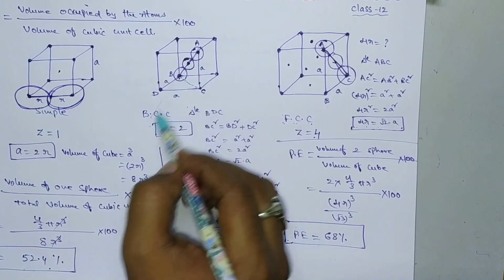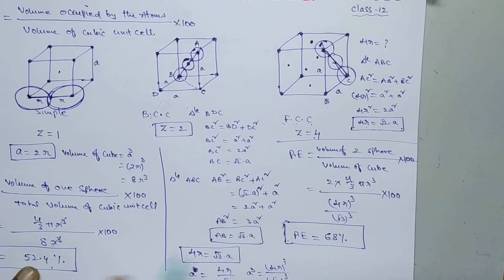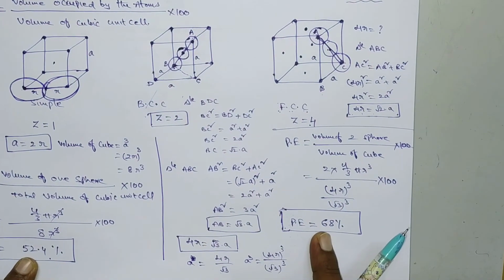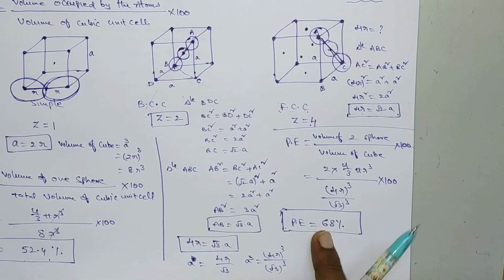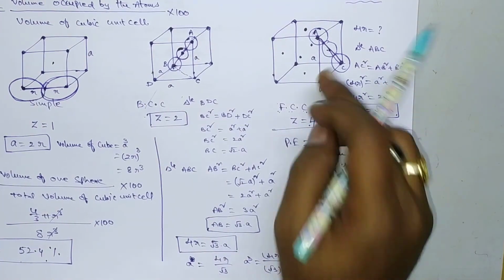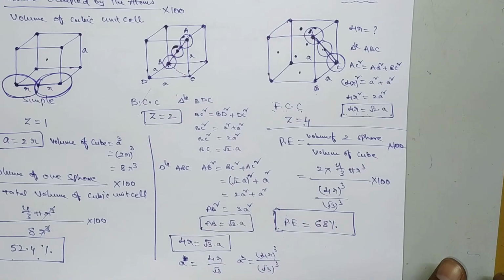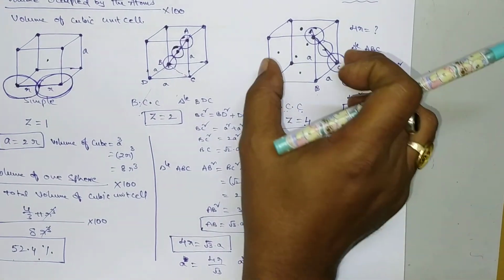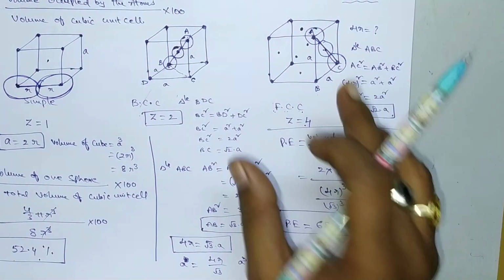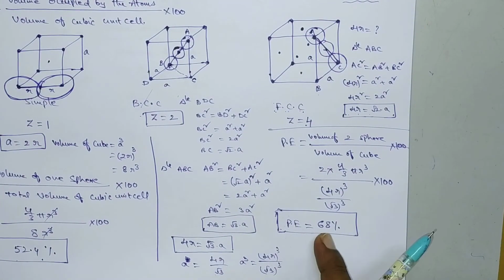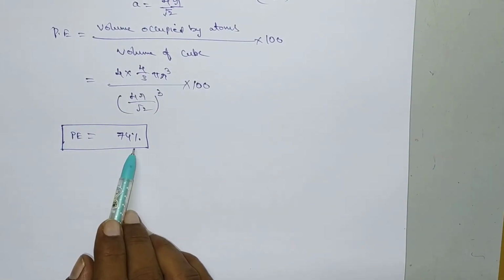So the packing efficiency increases somewhat, to 68. But in face centered cubic structure, all the faces consist of one atom. So the percentage of atoms increases, and the packing efficiency also increases from 68 to 74%.